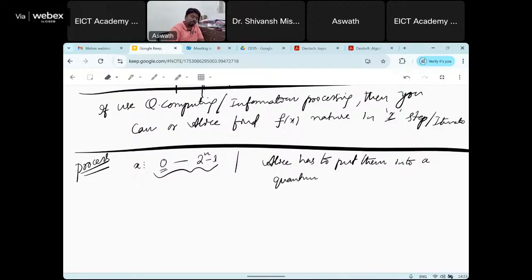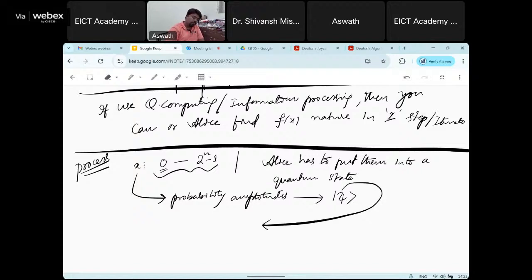It is possible to embed the information of these x values into probability amplitudes. You can choose any kind of information embedding, probability amplitudes, and create a quantum state. Then she sends the quantum state to Bob.